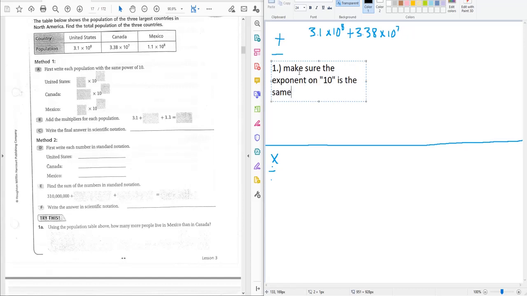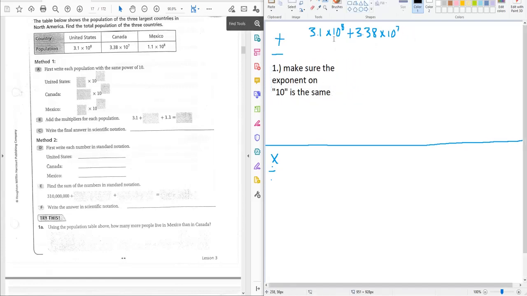If they're not the same, you need to make them the same. Right here, we have 3.1 times 10 to the 8 and 3.38 times 10 to the 7. They're not the same. Remember that little directional thing we had: left is +1 and right is -1.